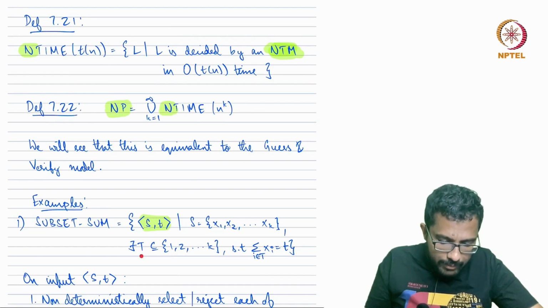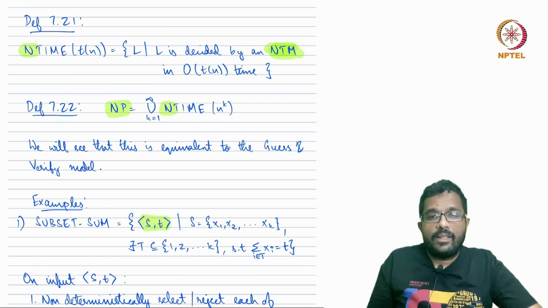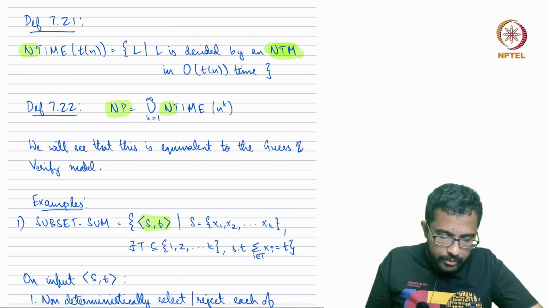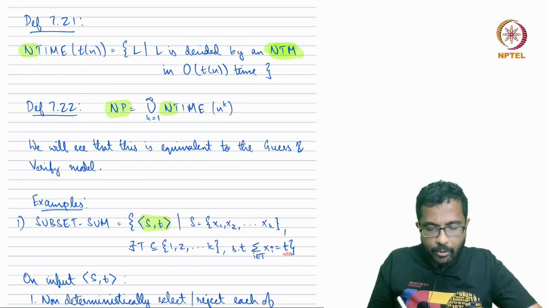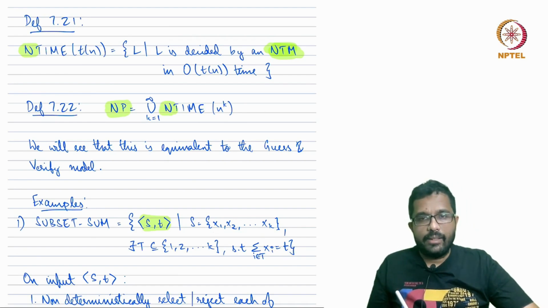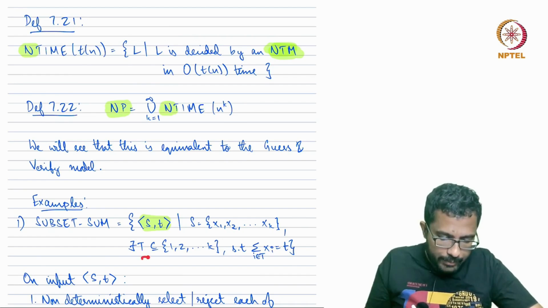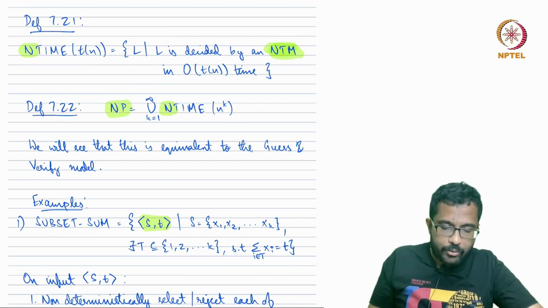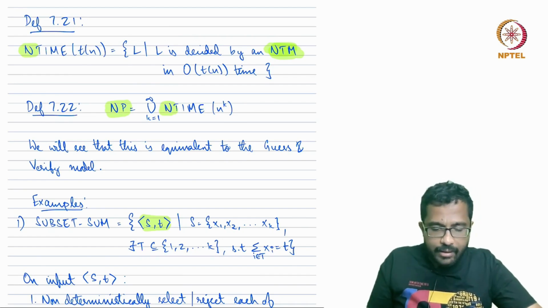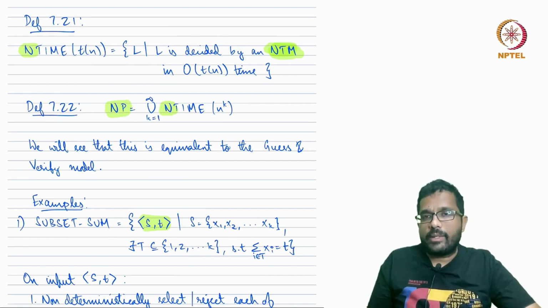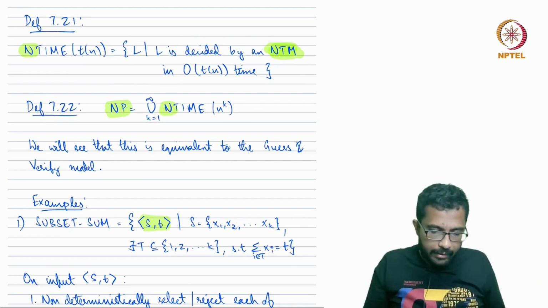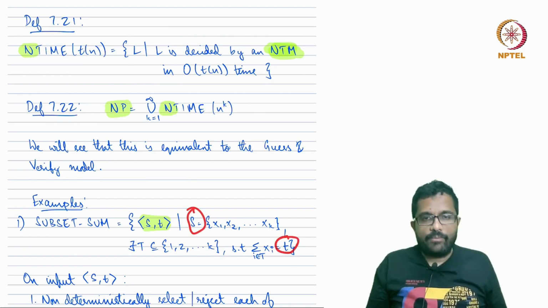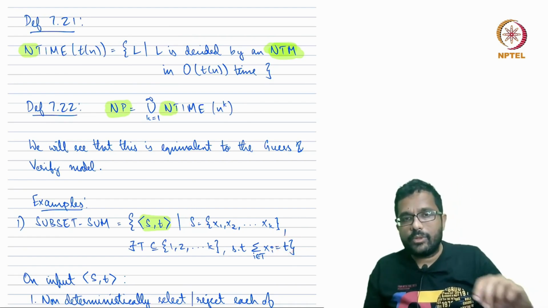Here the subset is written as a subset of the indices such that the elements of the subset sum up to the target sum t. So if the subset is 1, 3, 5, then the corresponding subset is x1, x3 and x5. But the question is the same: is there a subset of S that sums up to T?